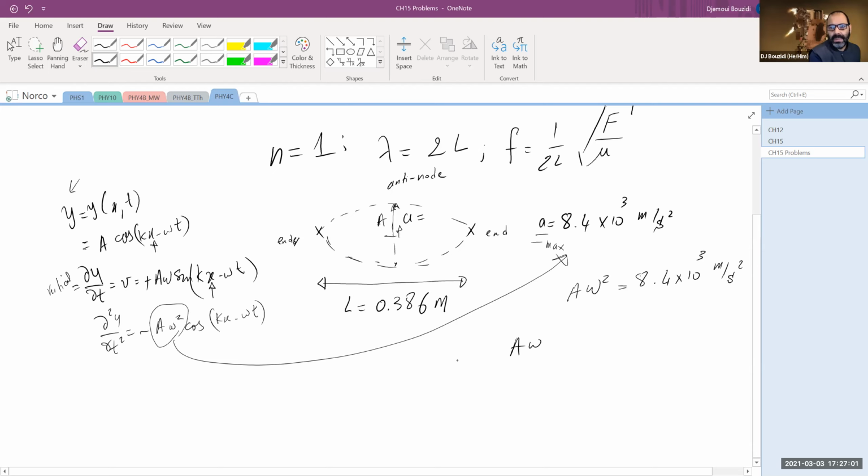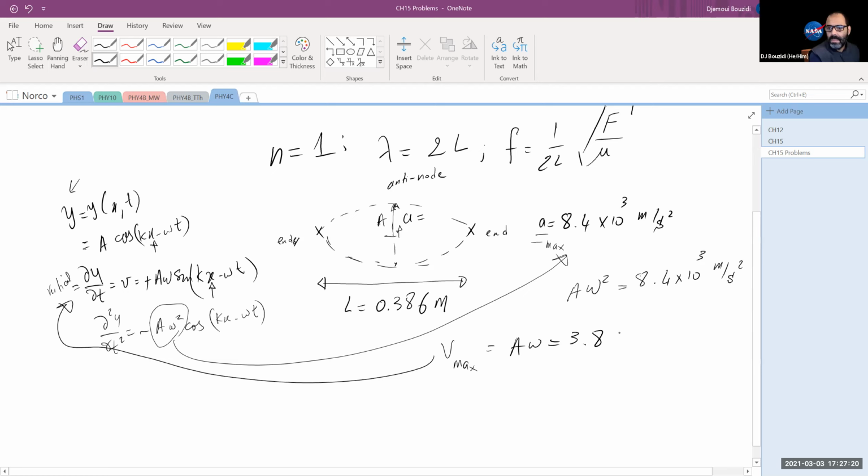So they tell me the maximum velocity, V max, which is this expression, just the coefficient of the sine, because the velocity is changing with time, it's going up and down, okay? In this case, the maximum velocity, they tell me it's 3.8 meters per second. I have two equations with two unknowns.